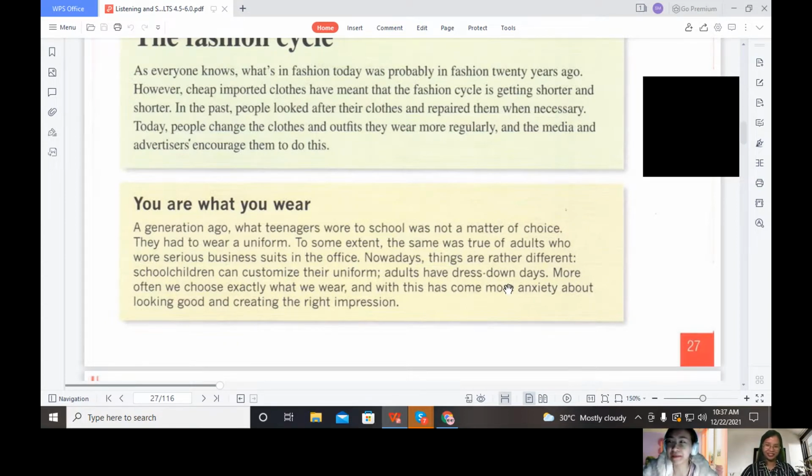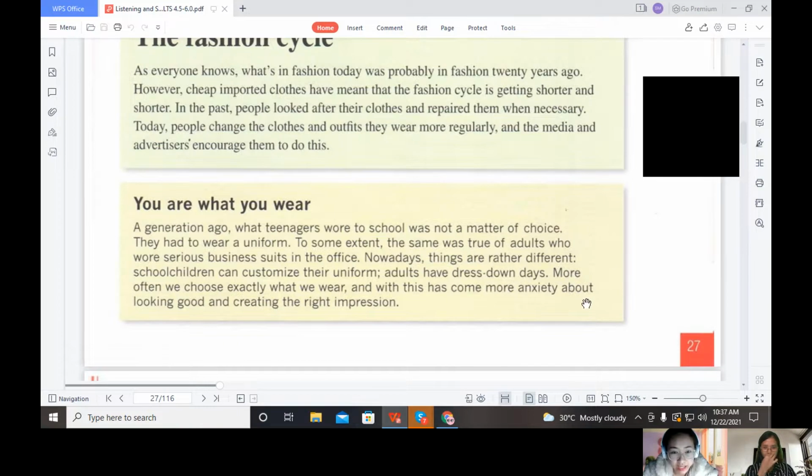But now students go to school and they want to be more attractive. They had to wear a uniform to some extent. The same was true of adults who wore serious business suits in the office. Nowadays, things are rather different.